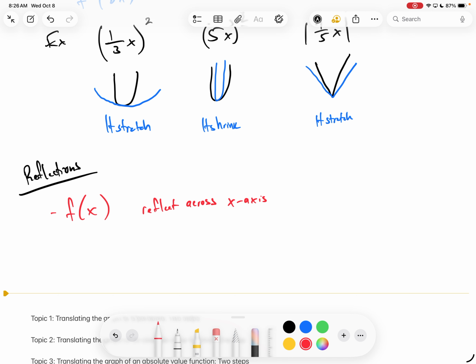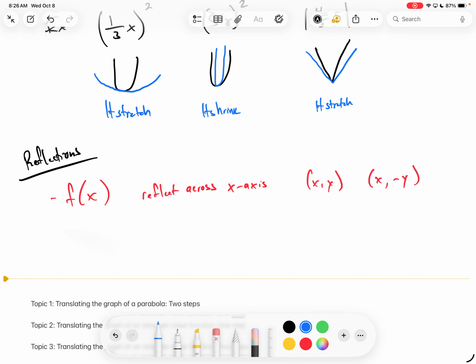It would flip it up and down. On my points, if my original is x, y, if I flip it up and down, it becomes x and negative y. If I do it on the inside, I'm flipping it horizontally, so I'm going to flip it across the y-axis. So if I have my original point, I'd change my x.